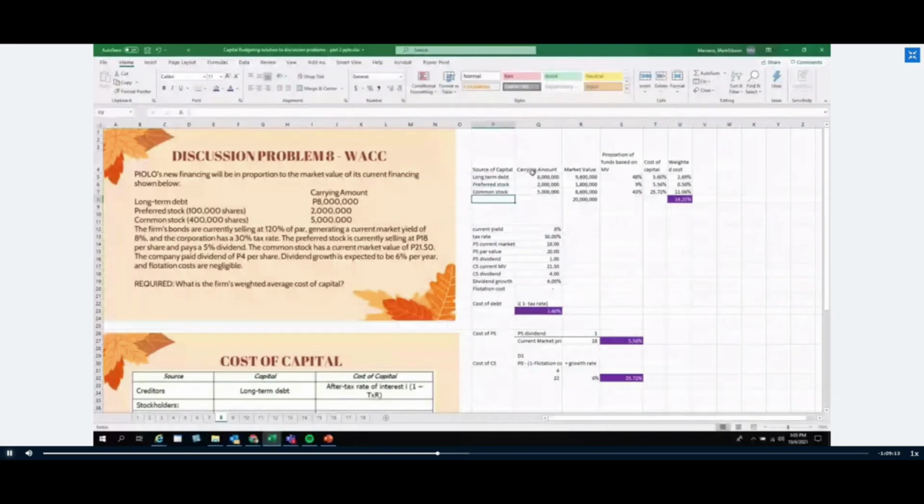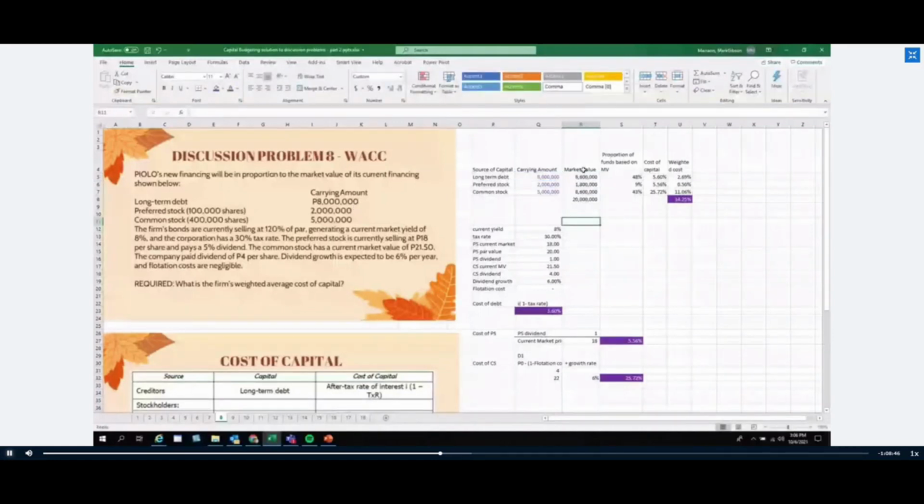Carrying amount given, that's 8 million, 2 million, and 5 million. Market value. Pag-usapan natin itong market value ng long-term debt. So sabi dyan, the firm's bonds are currently selling at 120% of par. So therefore, kunin mo yung carrying amount, multiply by 120% to get the market value.